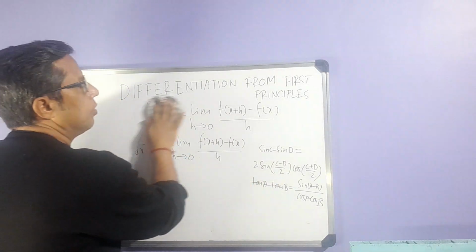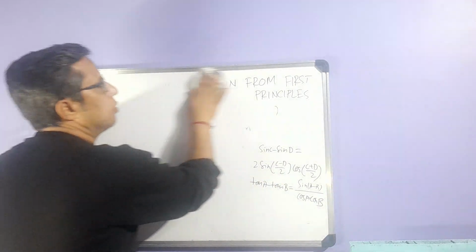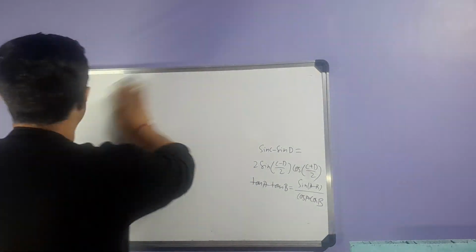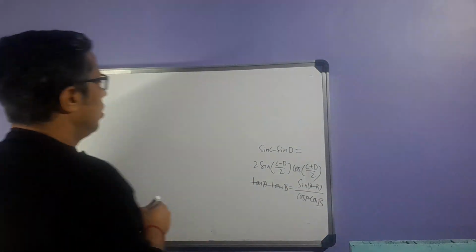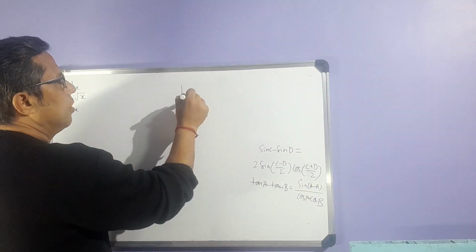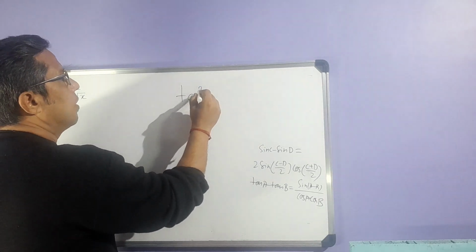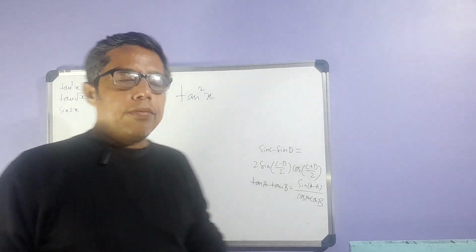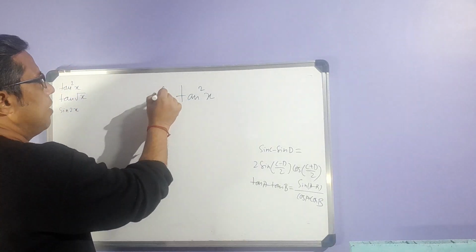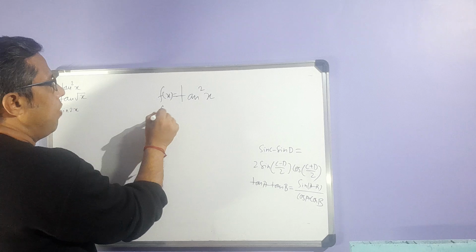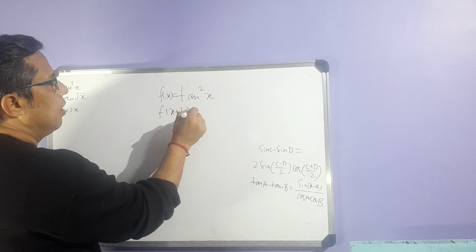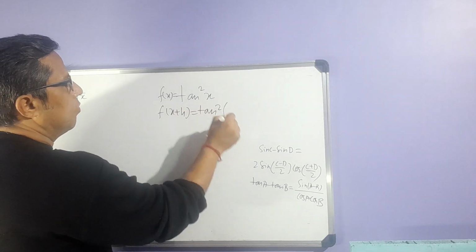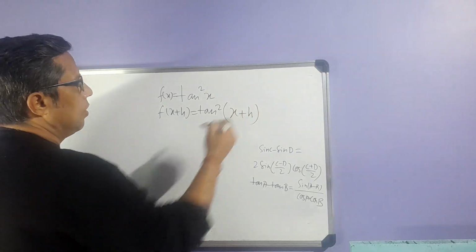Now let's start with tan square x. I have to get the differentiation of tan square x using the first order derivative. So f(x) is tan square x. Now f(x plus h) is tan square (x plus h).